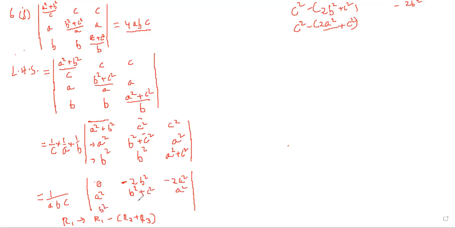The third row is as it is: b square, b square, a square plus c square. Now, as this is rough work only, I am rubbing it. In the next line, what should we do?